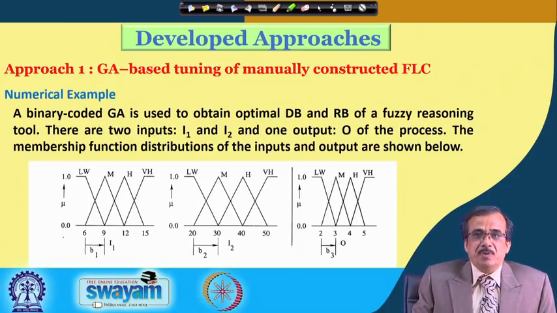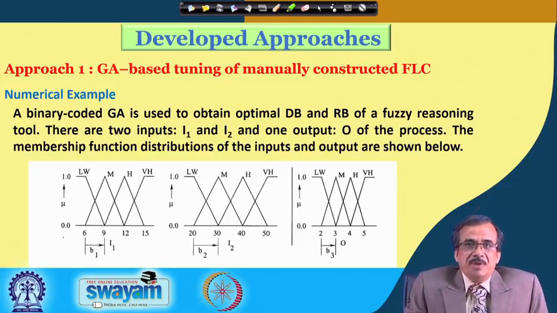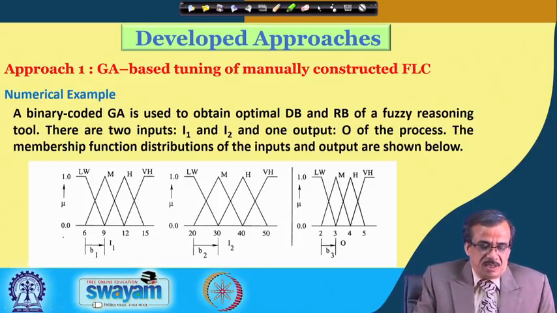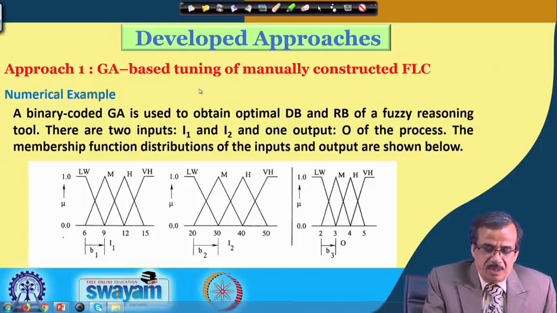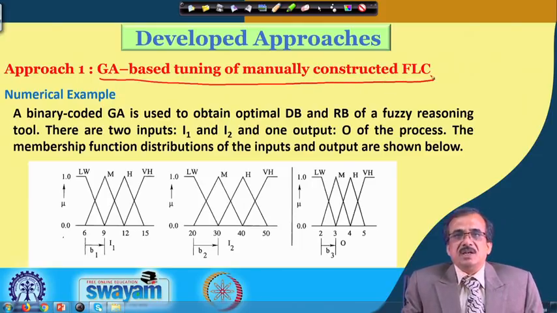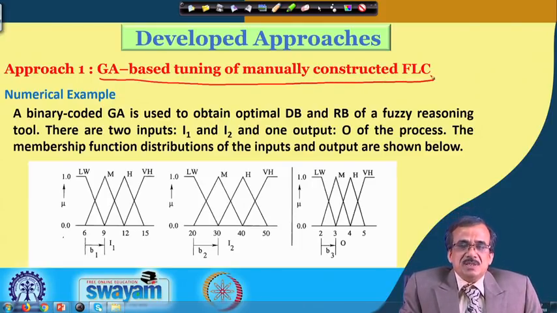Now, there are several approaches of optimizing this fuzzy reasoning tool or fuzzy logic controller. The first approach is known as the GA based tuning of manually constructed FLC. Supposing that I want to determine the input output relationship of a particular process, we try to design the knowledge base, which is a collection of database and rule base, manually.